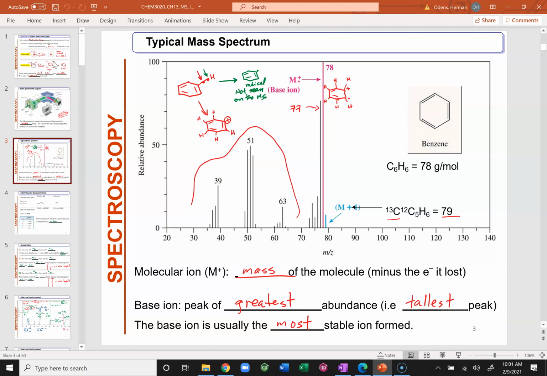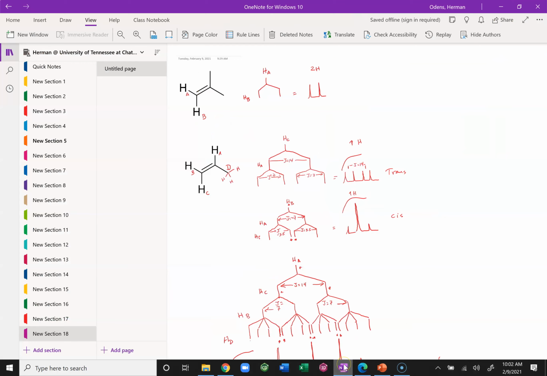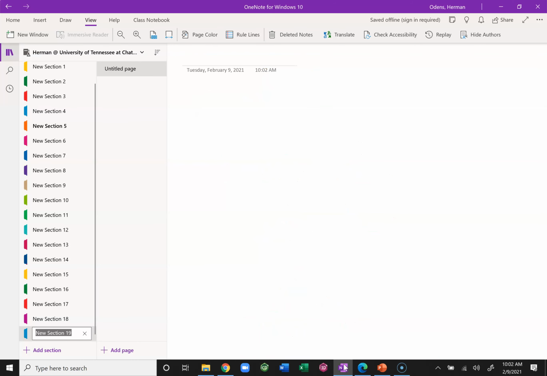So say, for example, let me show you something that I was working on this morning on your pre-lab. I'm going to help you out for your pre-lab too, so if you want to, you can take notes. Check this out. Why do I know how to predict the base ion?